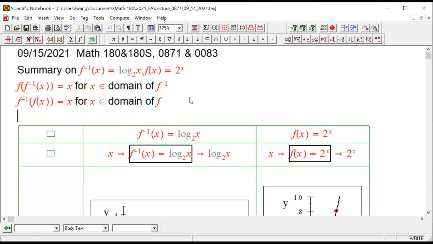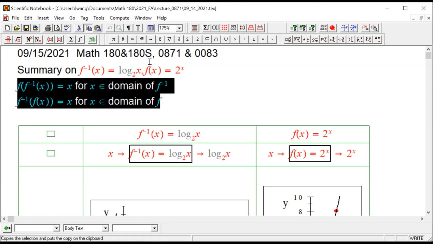In our current example, this is a general statement.